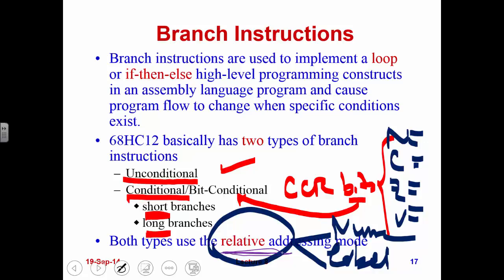That means the operand is an offset value. We have to add this offset value to the program counter value following the opcode of your branch instruction. That tells us a new location, relative from here, in relative address mode.